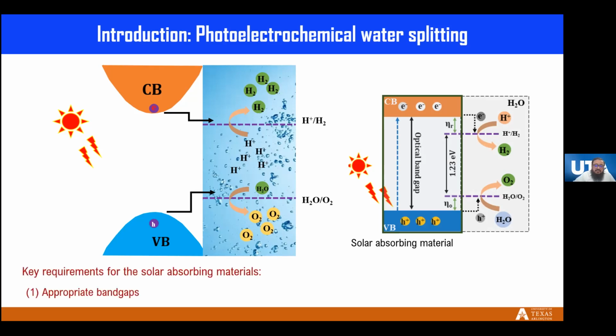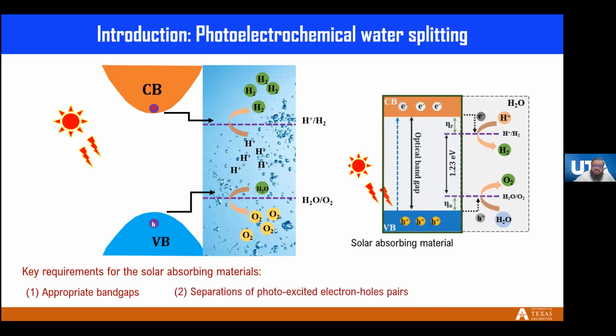Those requirements are, for example, an appropriate bandgap. What that means is that the minimum energy needed for water splitting is about 1.23 volt. Hence, the band gap of the material should be above 1.23 electron volt. Usually, because of the overpotential, it is recommended that it should be around 2 electron volt.